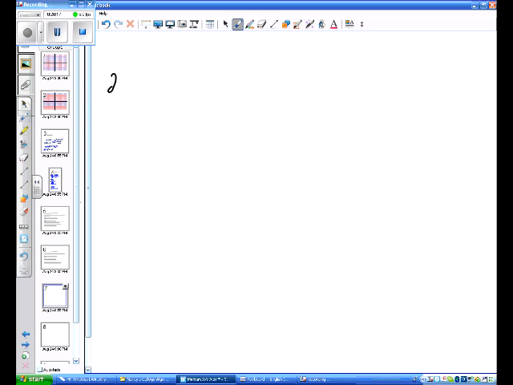Okay, so we've got 2x squared plus 5x minus 3. In this case, we did not have a common factor. There's no common factor for 2, 5, or 3. And our leading coefficient is not 1.